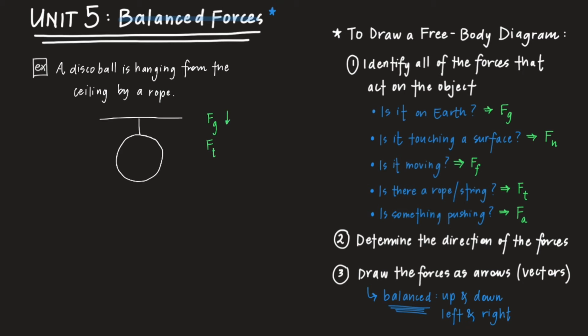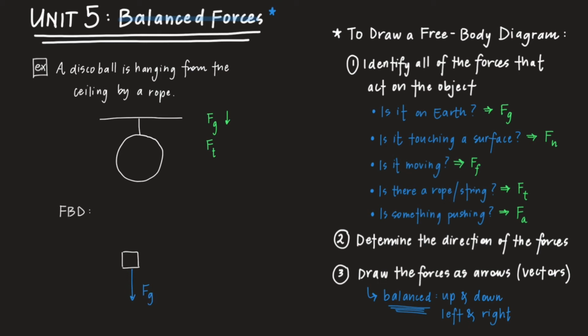We know that the force of gravity always points straight down, pulls straight down into the earth. The force of tension is going to point along the rope. So we're going to keep that in mind as we draw our free body diagram here. I'm just going to draw my disco ball as a small box. I have the force of gravity is going to point straight down, as usual, same thing.